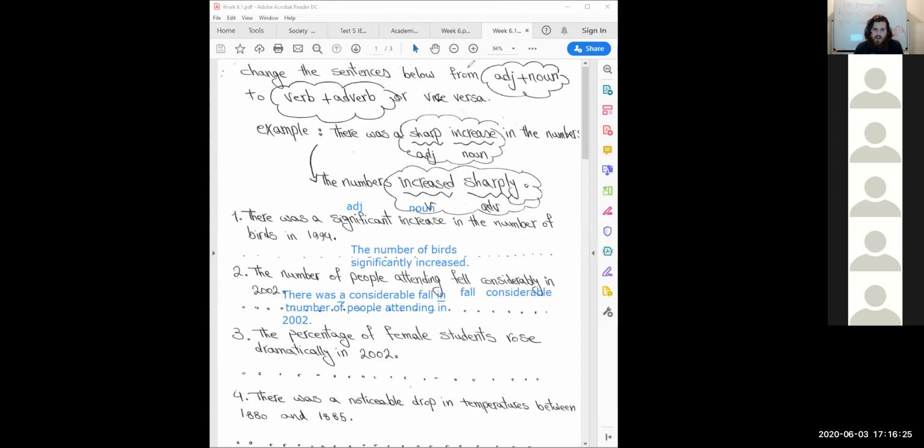Okay, does that make sense, everybody? Yep. Okay, fantastic, great. There was a considerable fall in the number of people attending in 2002.